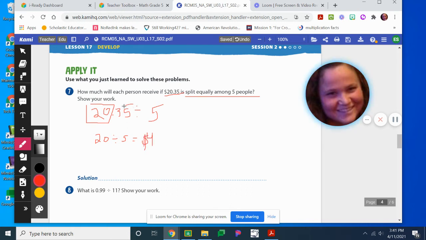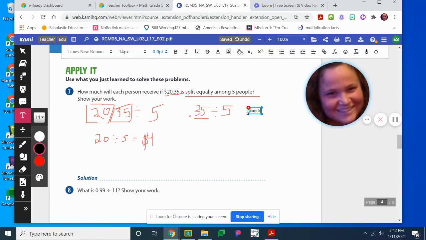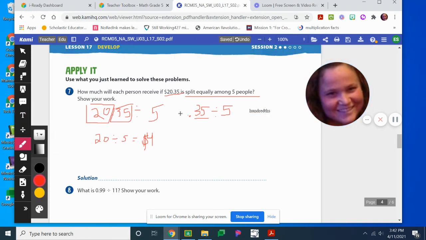But we still have this 35 cents that we have to divide by 5 as well. So we have 0.35 divided by 5. Now this is in hundredths. I have 35 hundredths divided by 5. So I write over here that I'm working in hundredths, and all I think about is the whole number. So I have 35 wholes divided by 5. I'm landing in the hundredths.